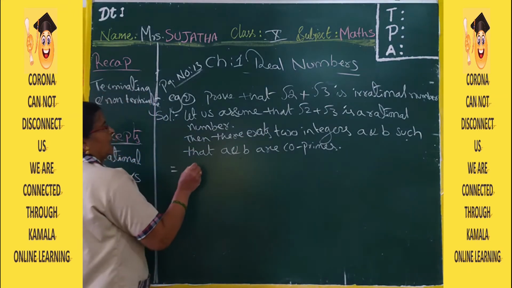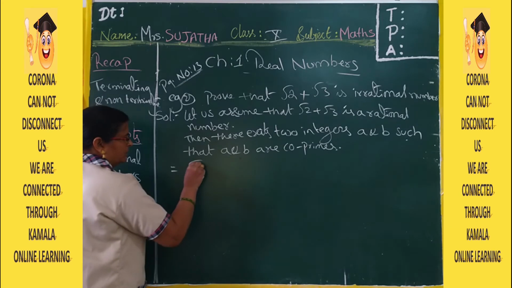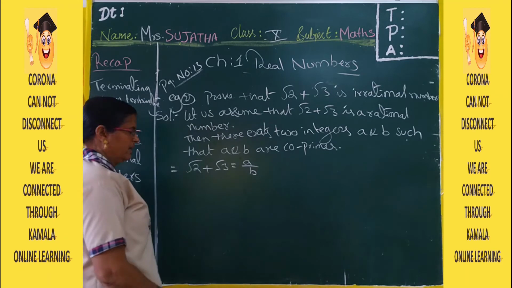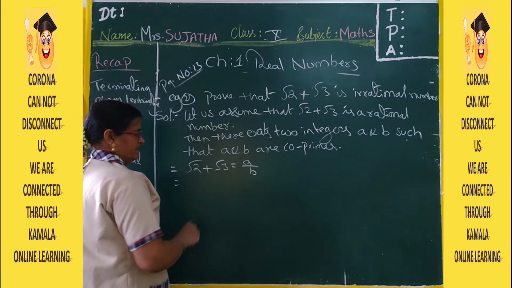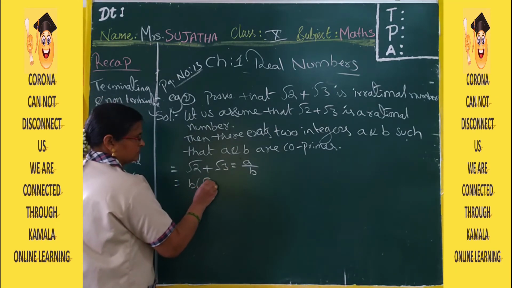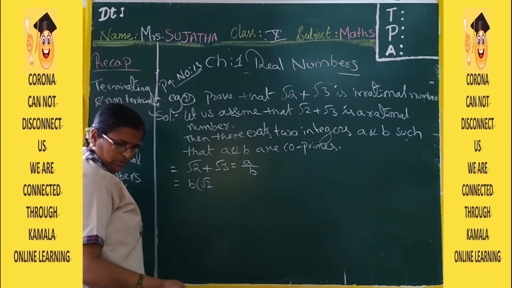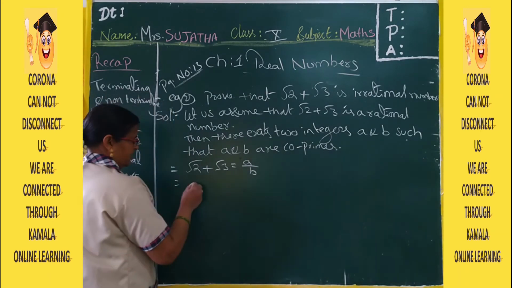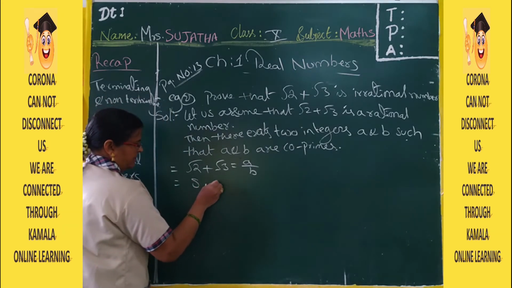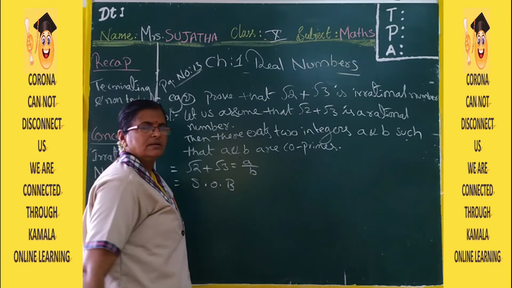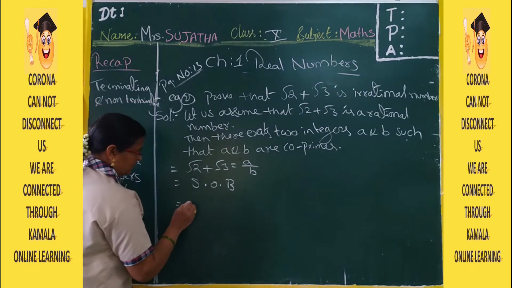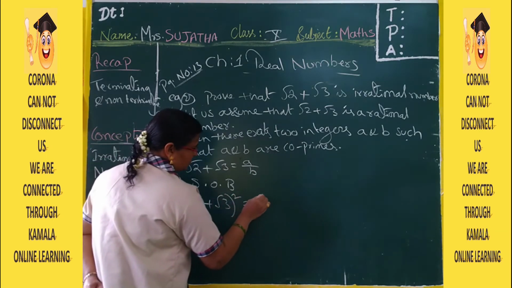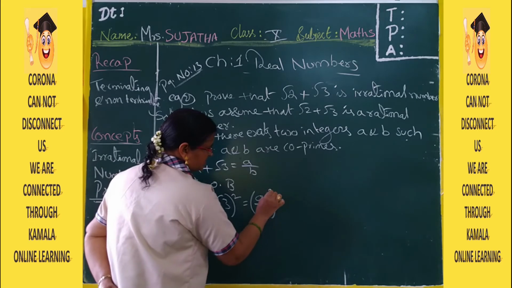After writing this, root 2 plus root 3 is equal to a by b. Here we will square on both sides, so root 2 plus root 3 whole square is equal to a by b whole square.